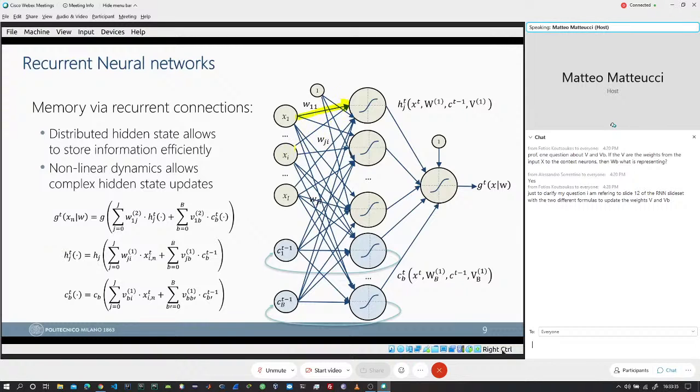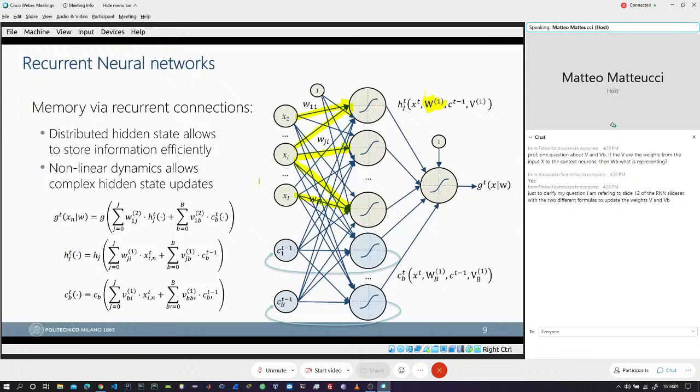Within a recurrent neural network, we have weights which go from the current time instant to the hidden layer, and they represent the direct connection of the current input on the output. These are reported with the letter W in my slides.